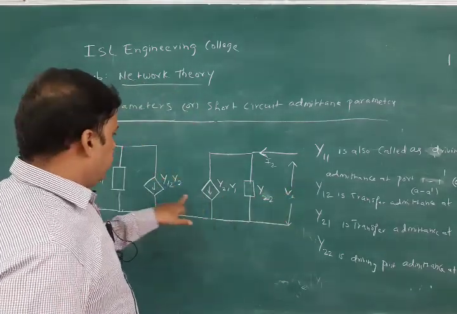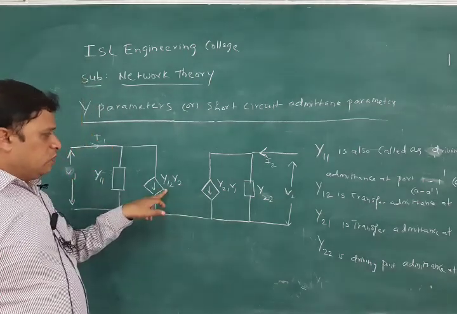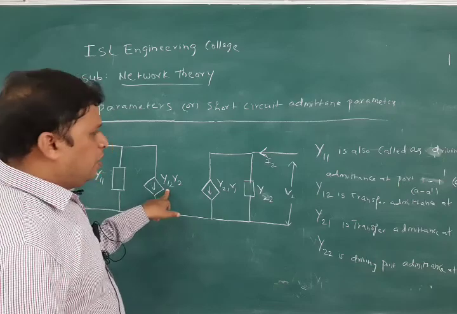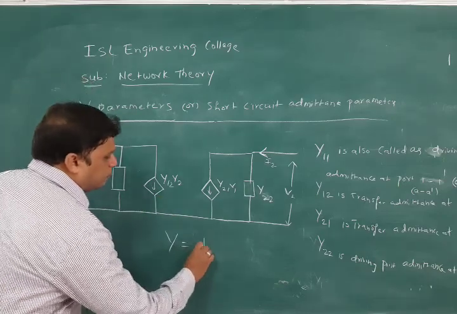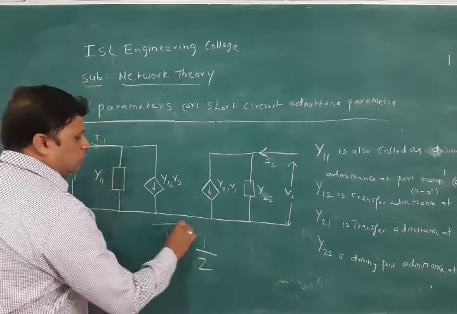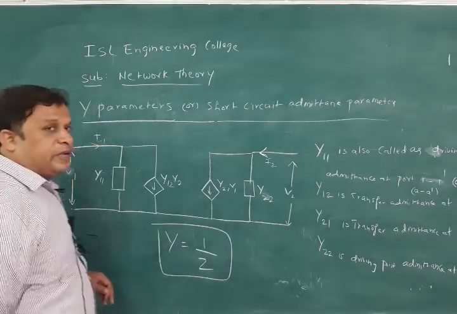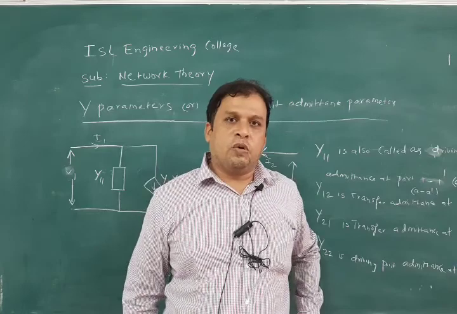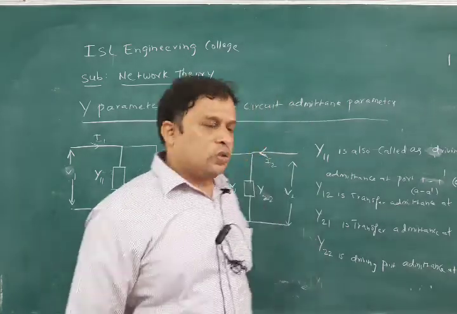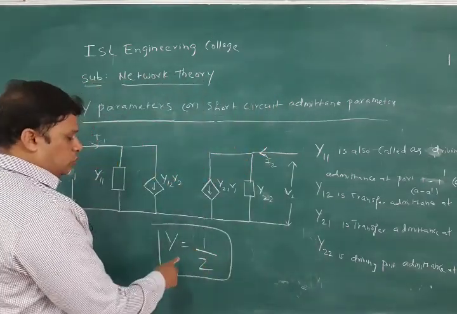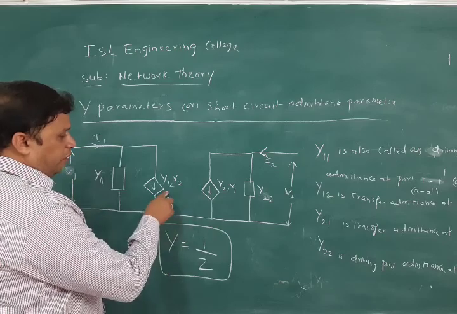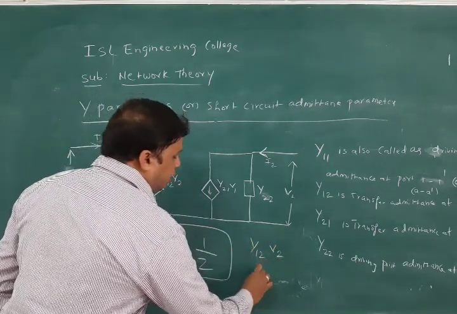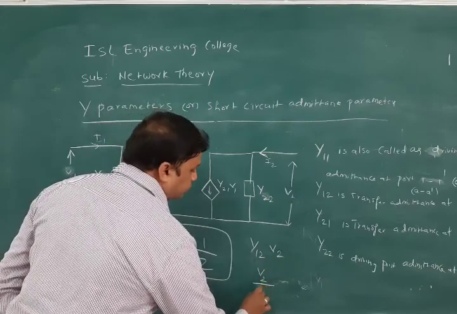In the admittance parameters, if you observe one thing, Y21 is given and Y12 is given here. So if you see, this is a current source. How is it a current source? Y is equal to 1 by Z. Always, admittance is nothing but the reciprocal of the impedance, so the unit is also mho. Suppose you want to write the admittance term Y12 V2, you can write V2 by Z12.